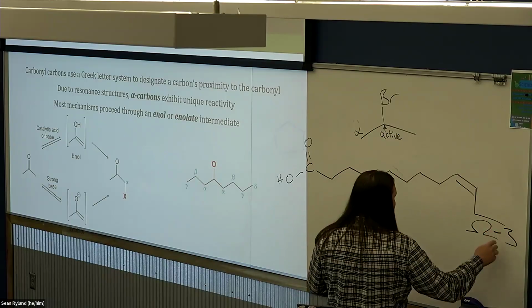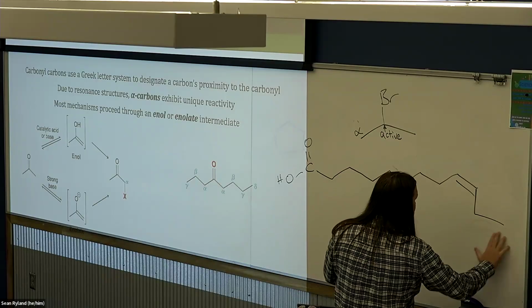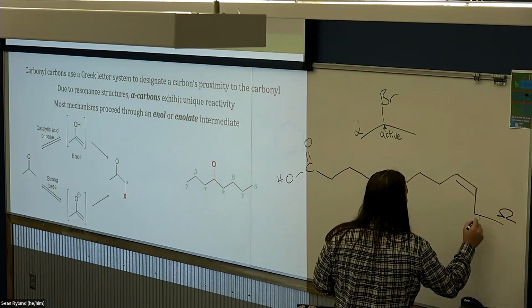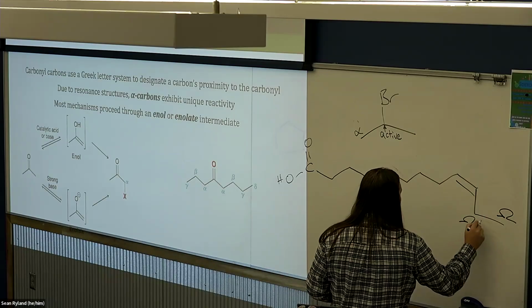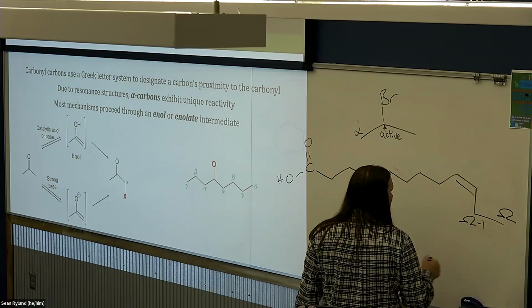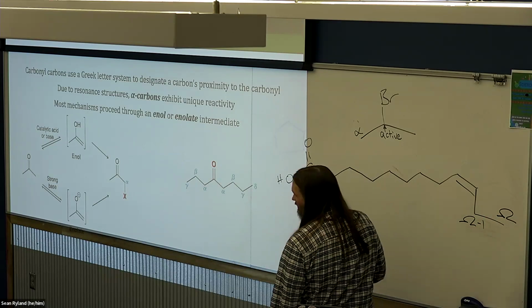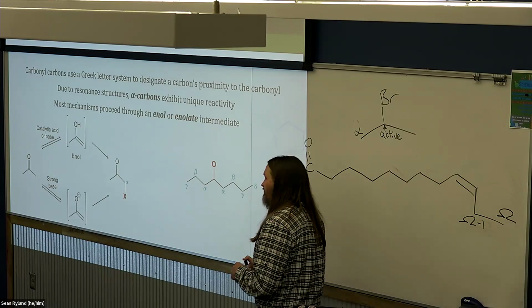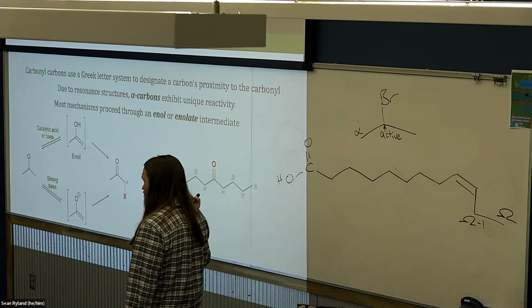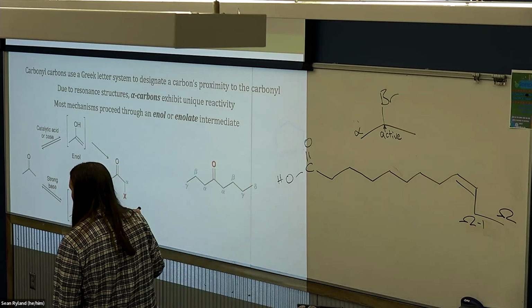So if this is the omega, this would be omega-1. I think I had to go one further than that. But basically, you're counting from the back of the carbon chain if you're listing omega.